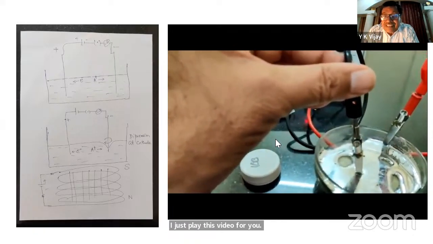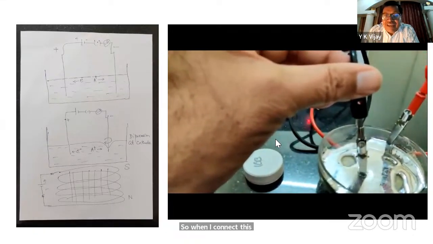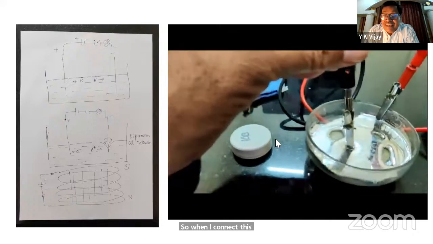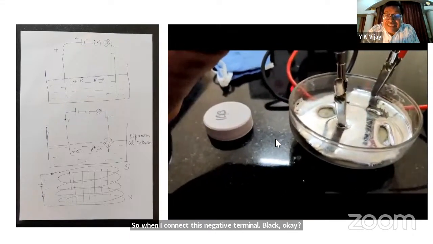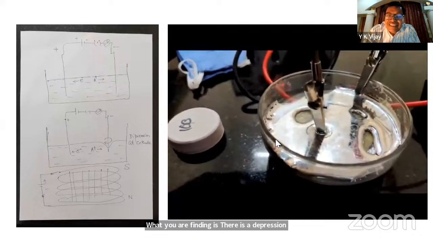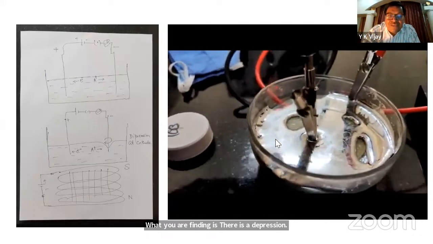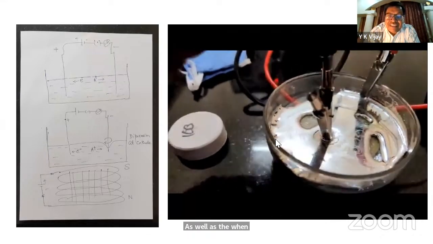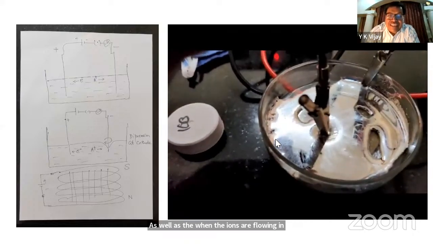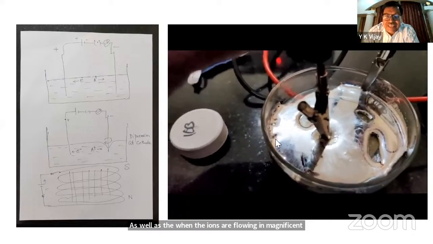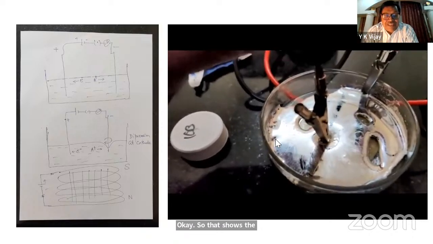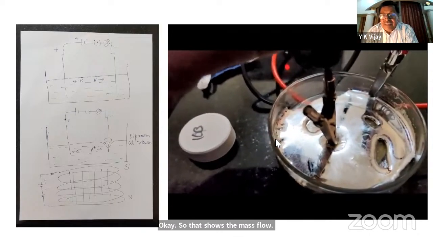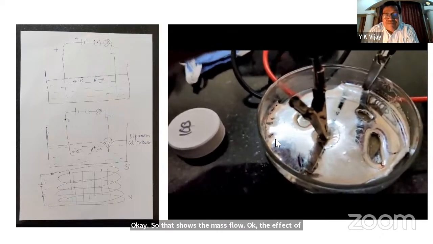So when I connect this negative terminal, black, what you are finding is there is a depression, as well as when the ions are flowing in a magnetic field, they circulate around the electrode. So that shows the mass flow, the effect of mass of the ion.